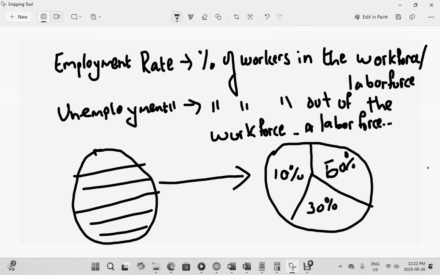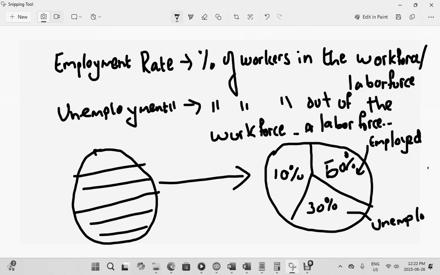People in this category, 60% of the population, are employed individuals. The 30% over here are unemployed individuals.